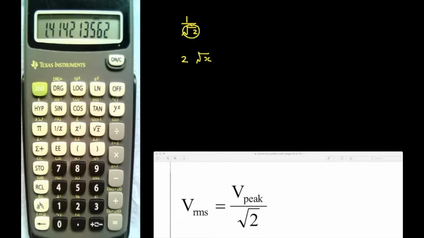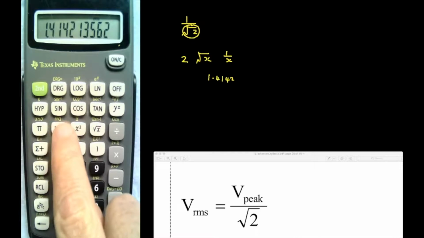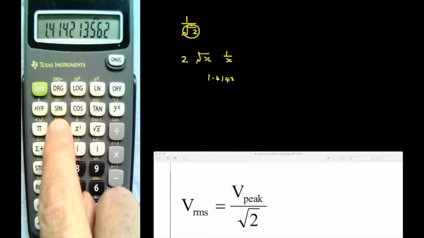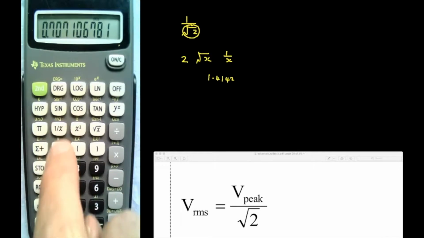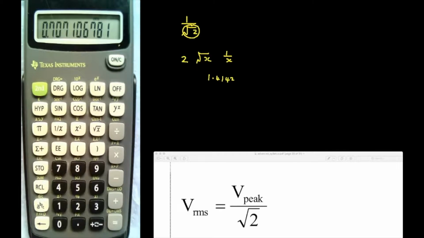On your screen you will have 1.4142. But you want 1 over root 2, so now you need to press the 1 over x button, the reciprocal button, which is above the EE button, and it gives you 0.7071, etc.